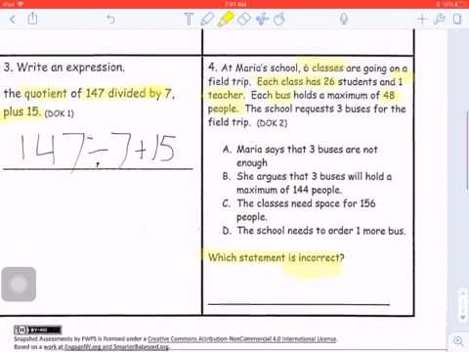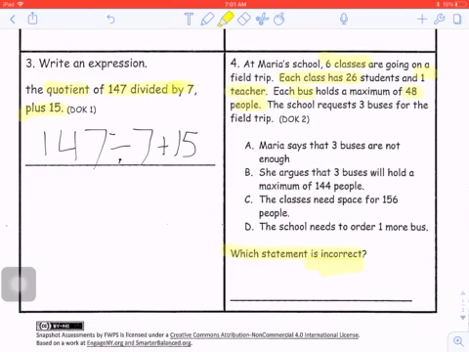Incorrect. Okay, so we're going to tackle this one statement at a time. Maria says that 3 buses are not enough. Well, we're going to skip that one because there are easier questions to find the answer to first. She argues that 3 buses will hold a maximum of 144 people. We do have enough information for that. Each bus holds 48 people. And how many buses are there? 3.